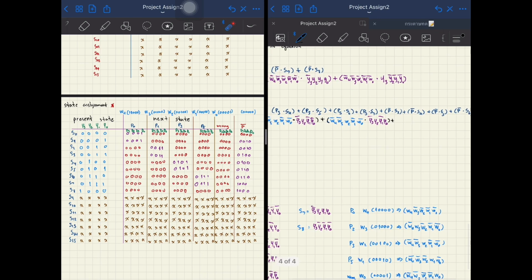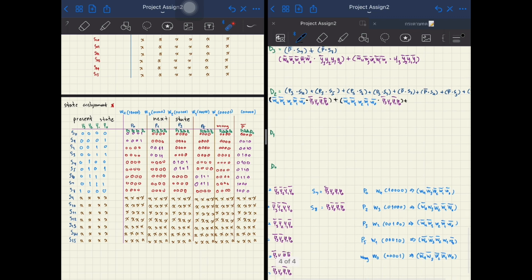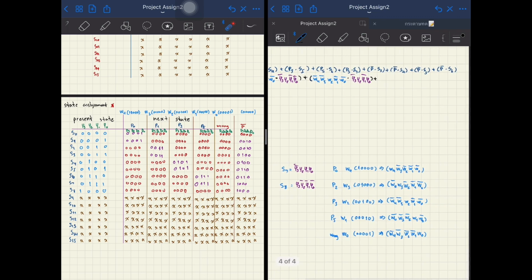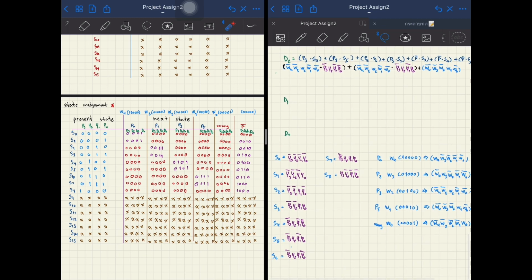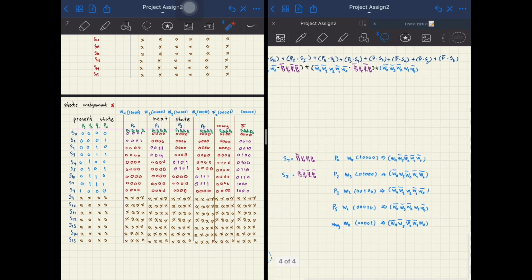Okay. Next, it is P5 and with state 6. P5 is this. So I must check it. P5. Okay. State 6. State 6 is here. Oh, sorry.